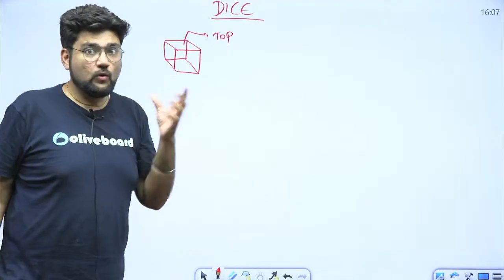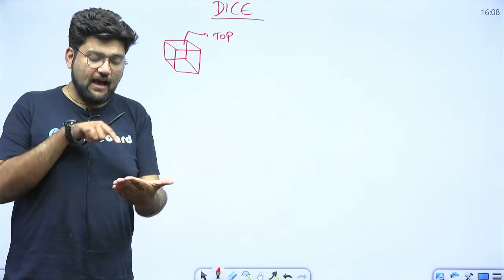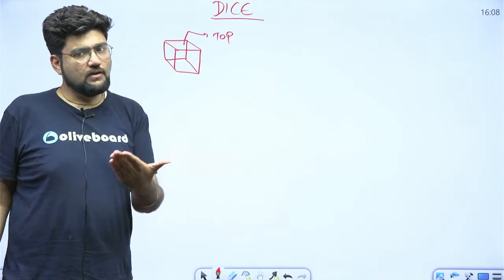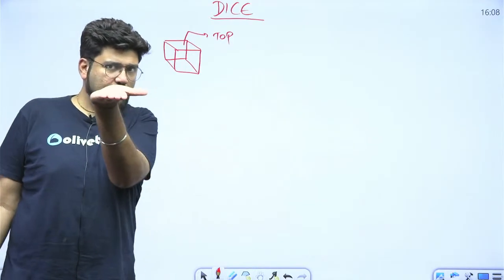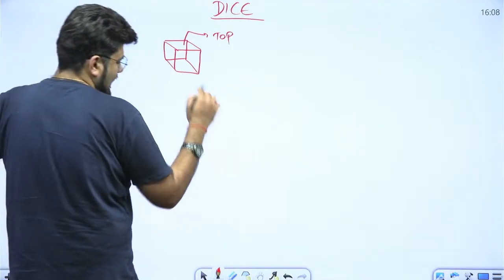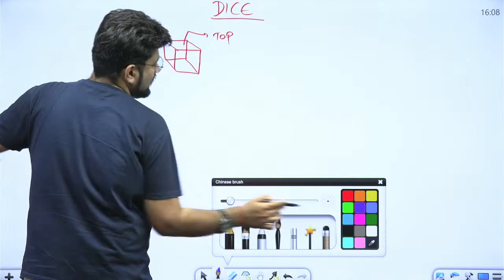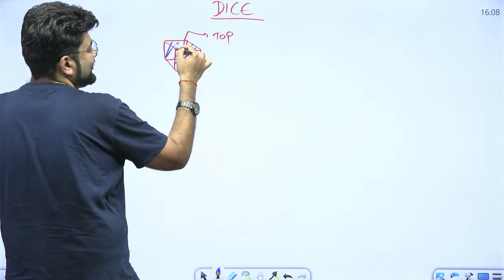Now look at this aspect of dice carefully, because this is where everything is dependent. If I have a face on top which I can see, now if I move my head a little bit like this and a palm a little bit like this, I can see 4 more faces along with it. This face, this face, this face and this face.